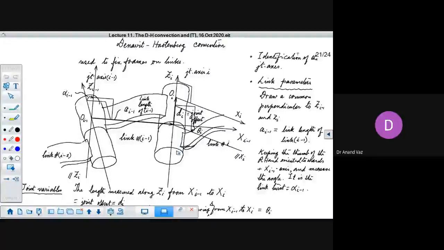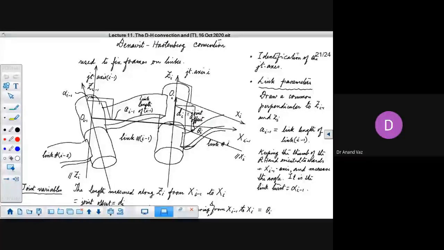Coming to the joint variables, let us focus on joint i. Yesterday this figure appeared a bit difficult, I thought, because the angle theta i was difficult to imagine. So I made a slight modification to it.